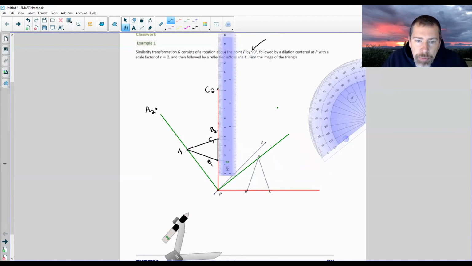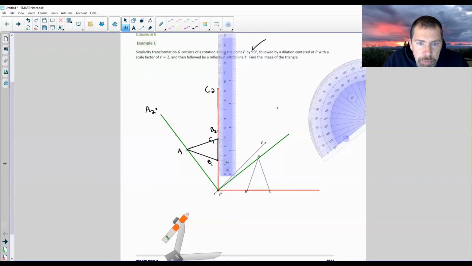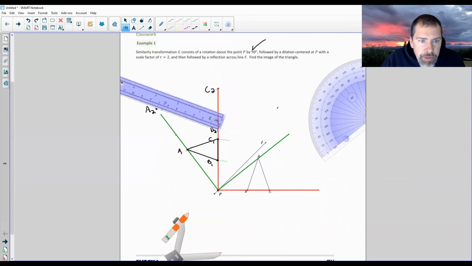Okay, so put my ruler back. And this time I have to choose a different color. I don't want it to get too confusing. Let's use orange this time. So here's my C2, B2 line segment, side of my triangle. I rotate this over to A sub 2. Whoops. Help if I was on A sub 2.